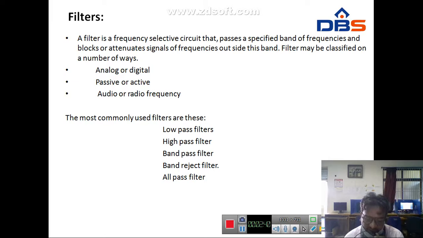For example, RC filters are commonly used for audio or low frequency operation, whereas LC or crystal filters are employed at RF or high frequencies, especially because of their high Q value.